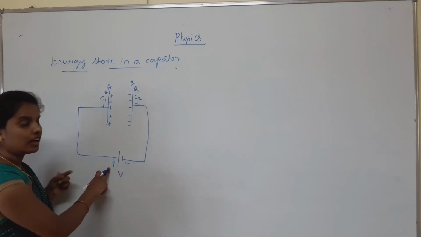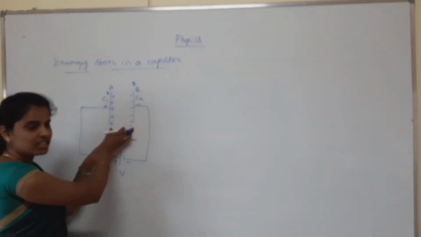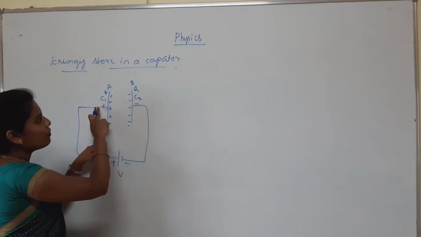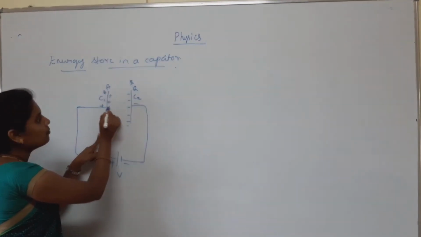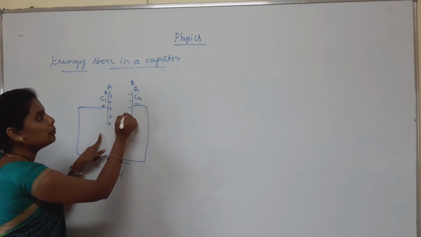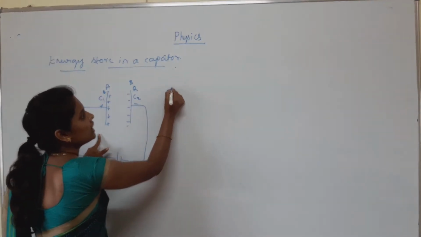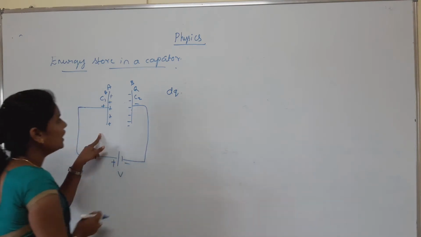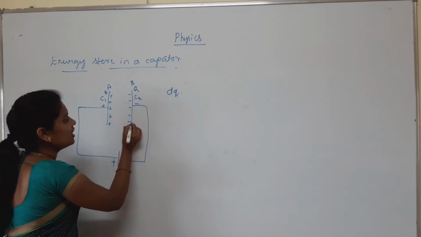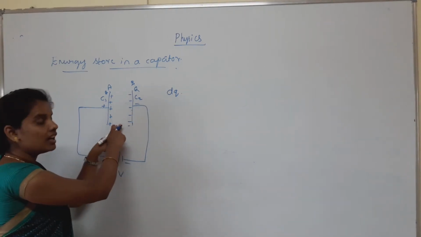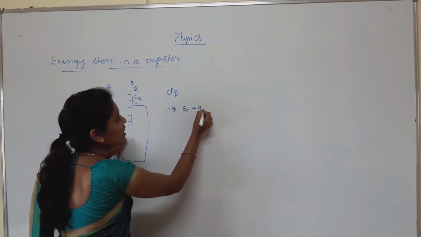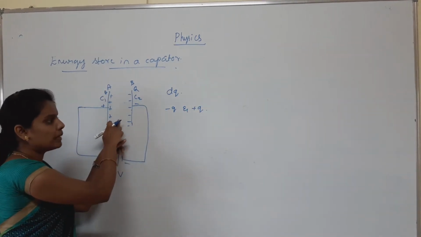When an uncharged capacitor is connected to a battery, the charge moves from one plate to another plate by a small amount, bit by bit. That is dq. Consider this intermediate situation, where minus q and plus q are the charges on its plates.